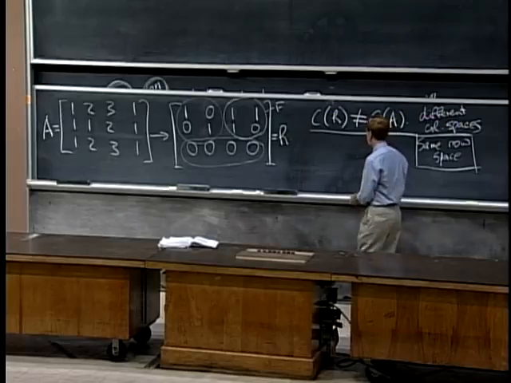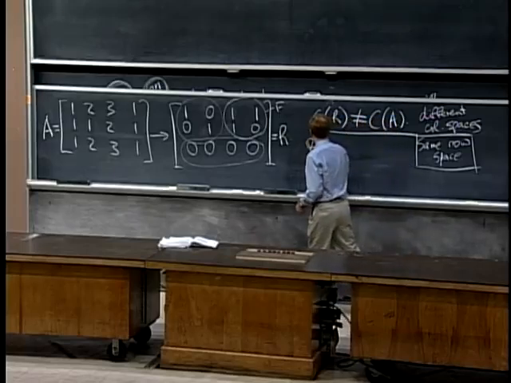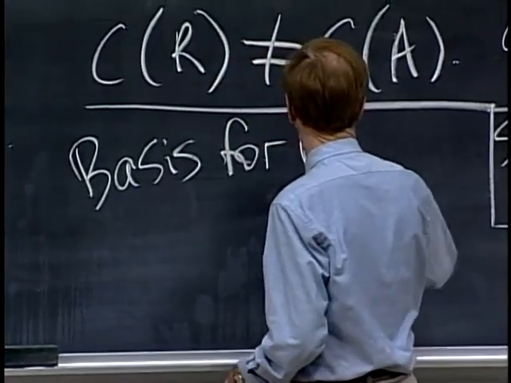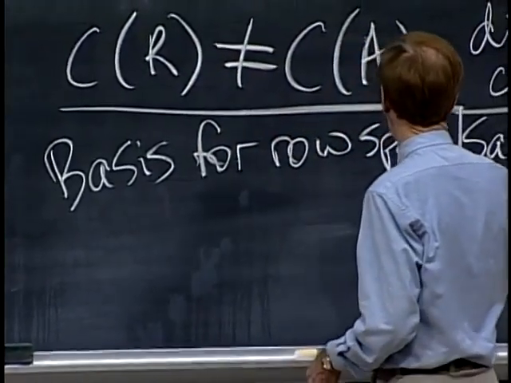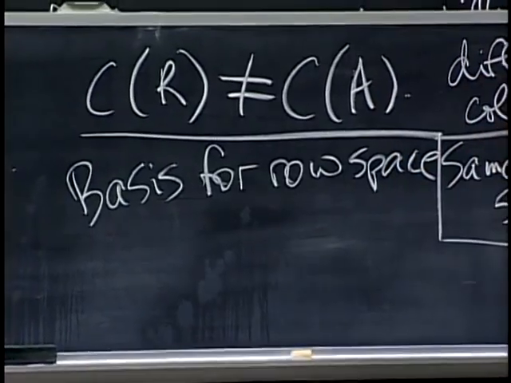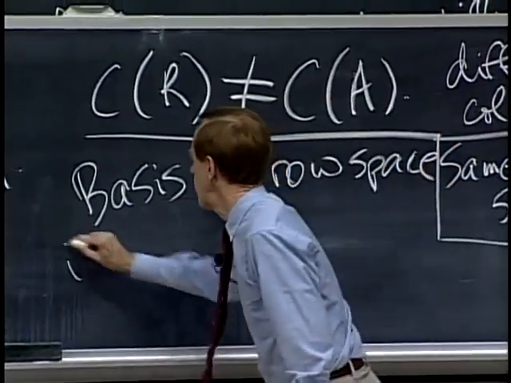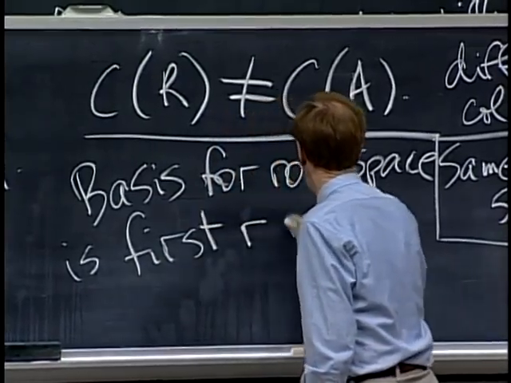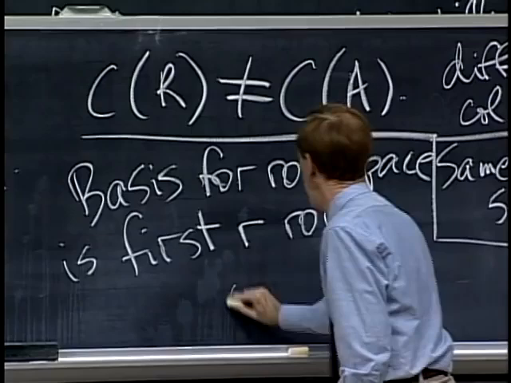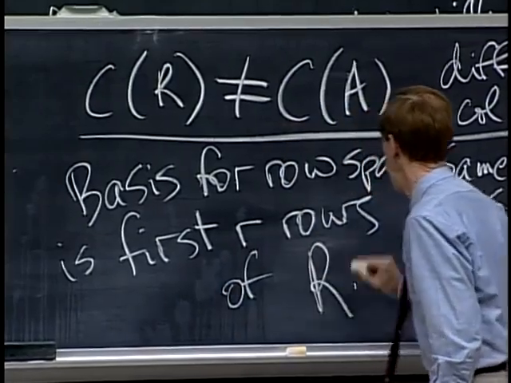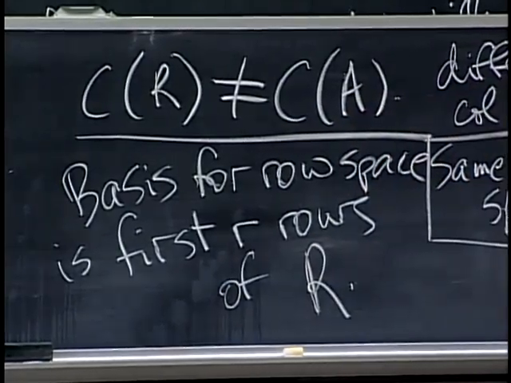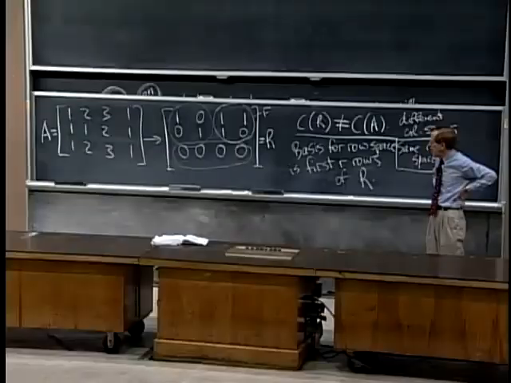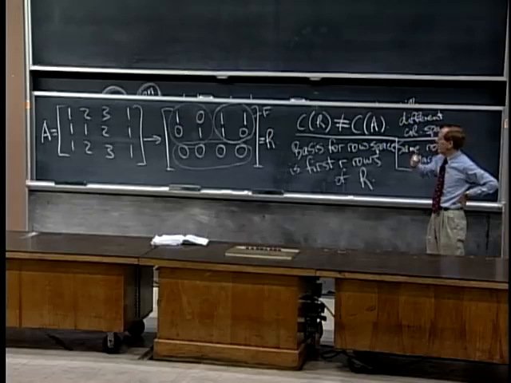So a basis for the row space of A or of R is the first R rows of R, not of A. Sometimes it's true for A, but not necessarily.